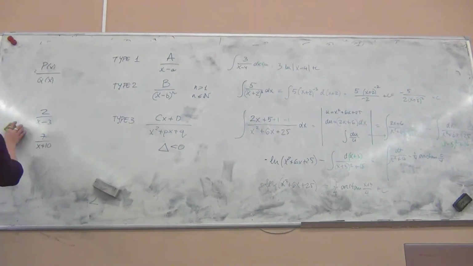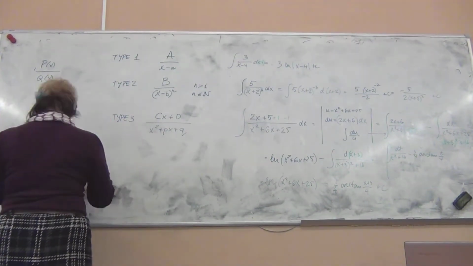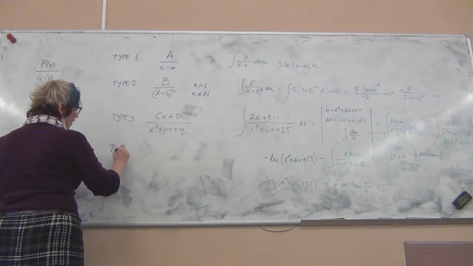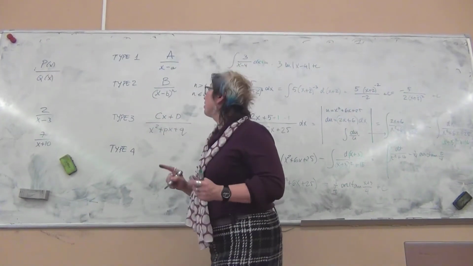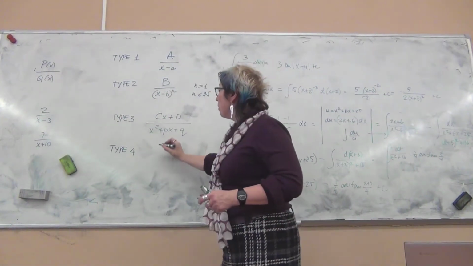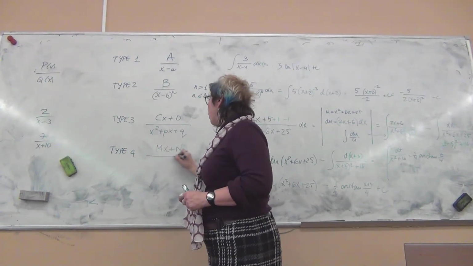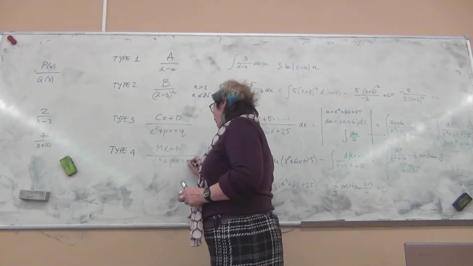Type 4. Can you guess how many pages we need? It's on your page. Type 4, well, my students at school can guess. If they have looked at this, it will probably be mx plus n, again a linear expression, and then you will probably have some power there.